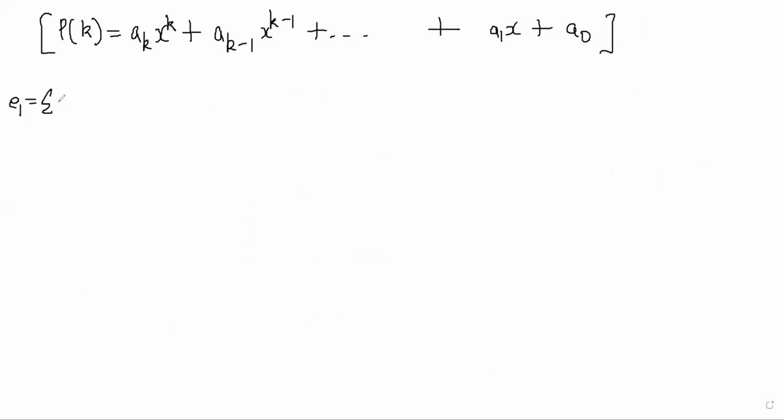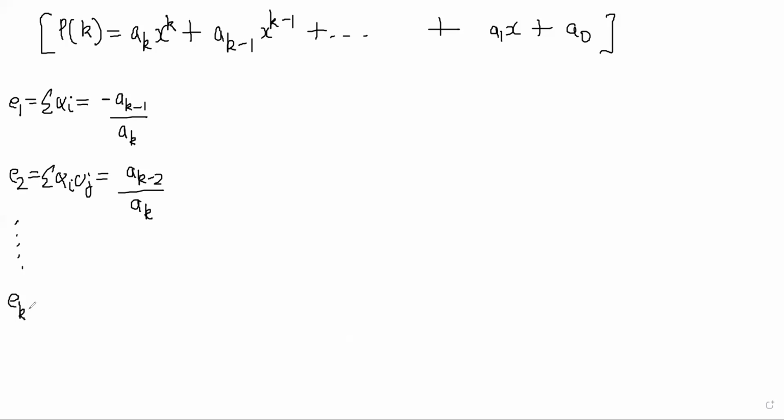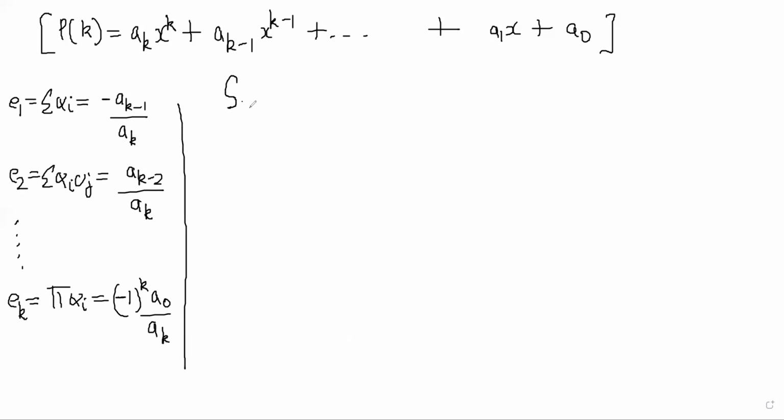E1 is summation of all the roots taken one at a time, so that is minus ak minus 1 by ak. E2 is summation of all roots taken 2 at a time, that is ak minus 2 by ak. These are all Vieta's relations. And similarly, Ek will be the product of all the roots, right? So that will be minus 1 power k a0 by ak.